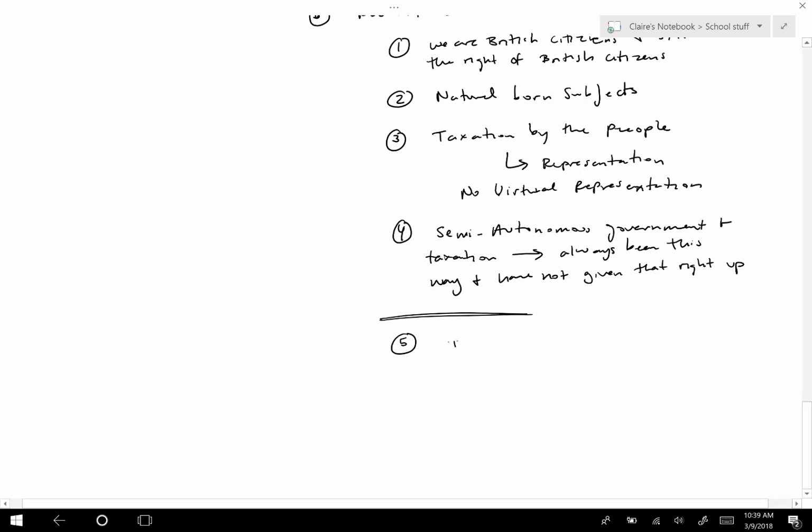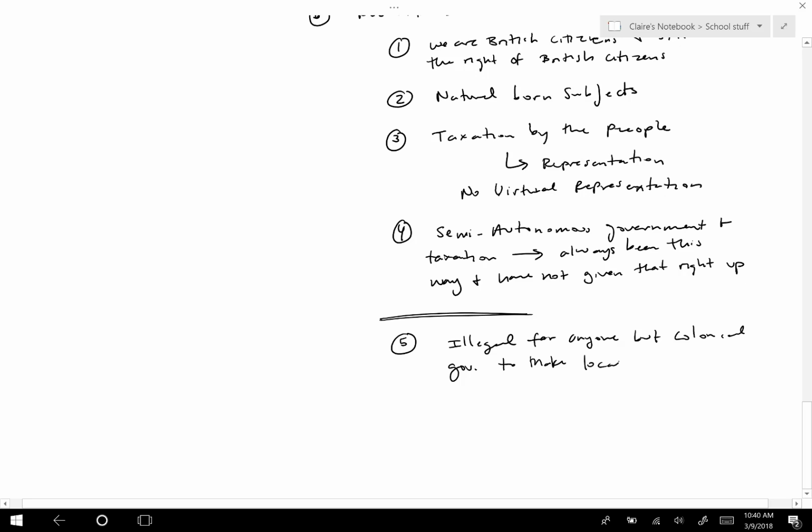So illegal for anyone but the colonial government to make decisions, we'll say. Make law, not full laws.